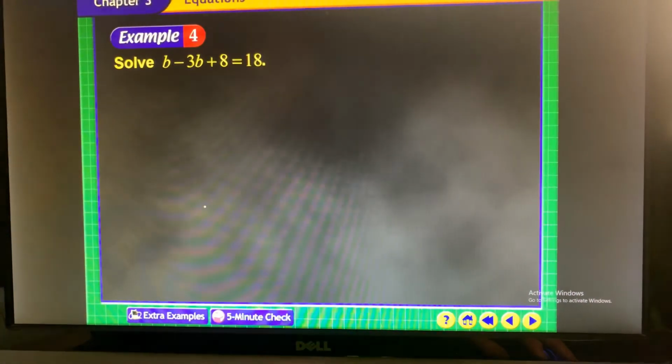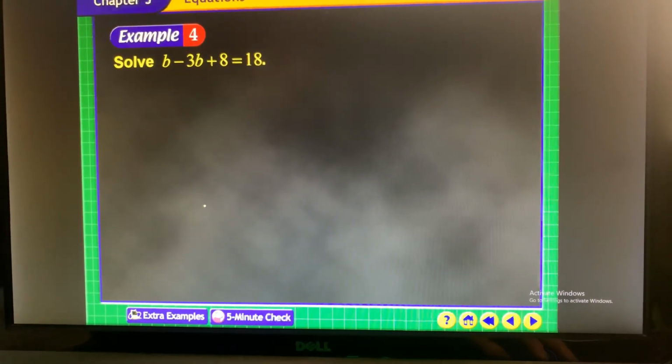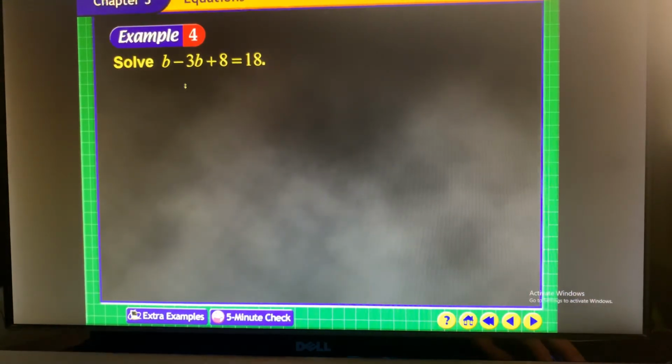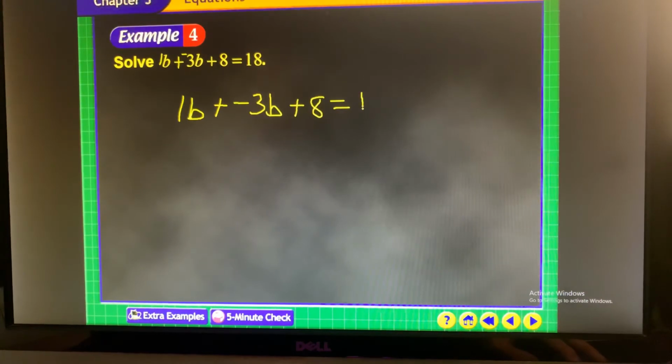So this one, you actually have to combine like terms. You have to see, this isn't a multi-step. You just have to recognize that you have to combine like terms. So first I would do this, and then I would do that, okay? And then I want you to notice you have like terms.